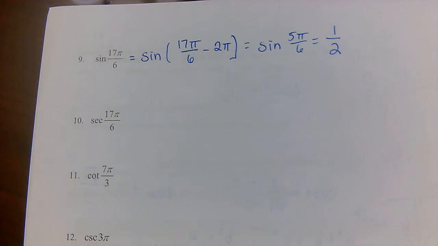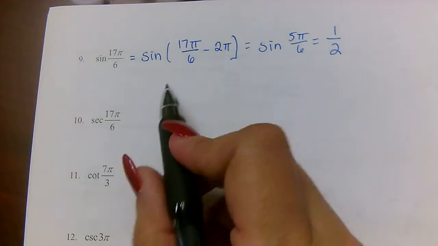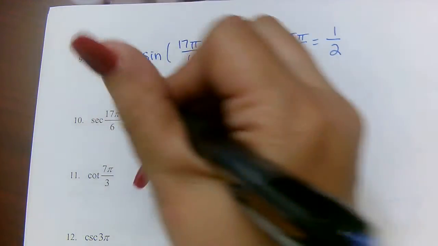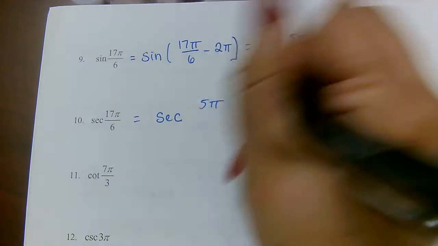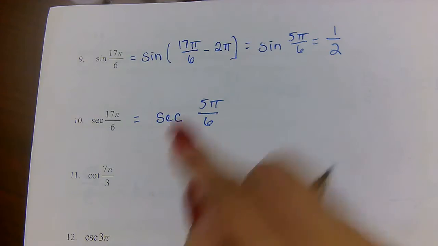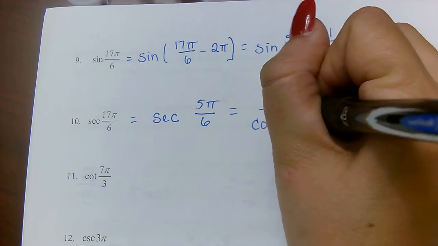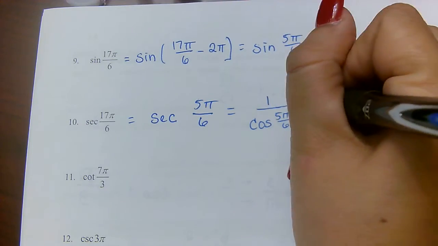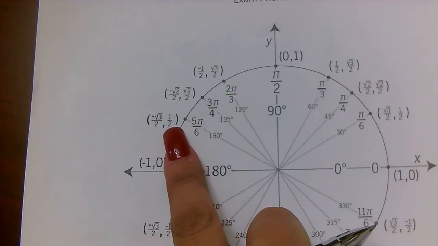Okay. The next one we're going to do, same value. So I'm going to skip the actual work and just say, well, this is the same thing as secant of 5 pi over 6. Remember, secant is the same thing as 1 over cosine 5 pi over 6. Okay, so if I know cosine, I'm going to say that's going to be our x.